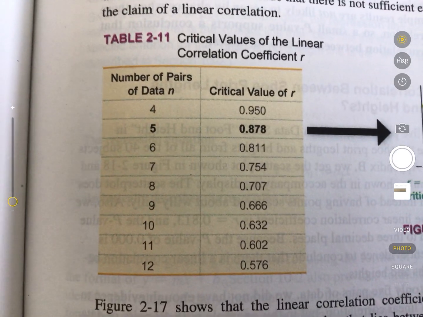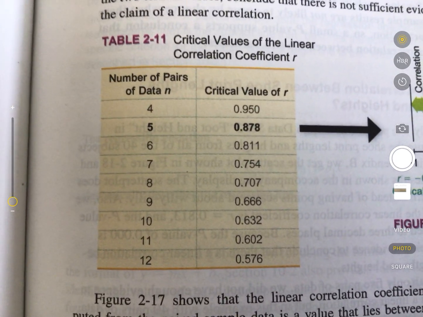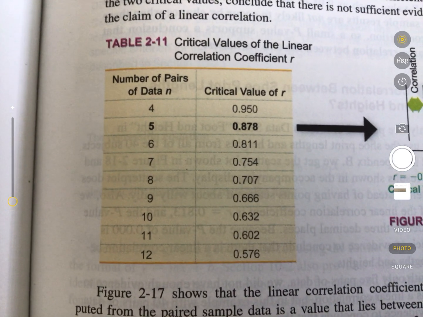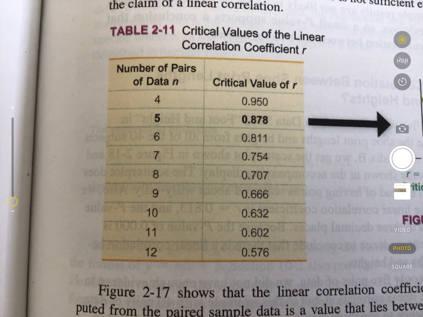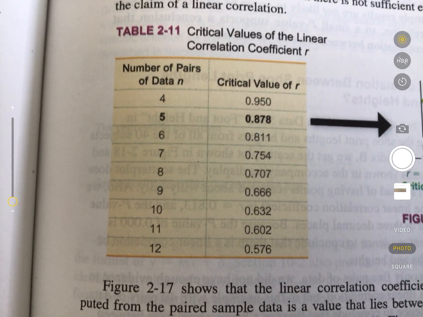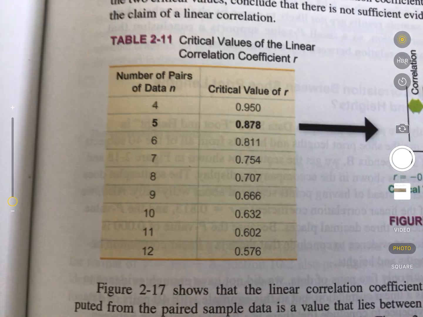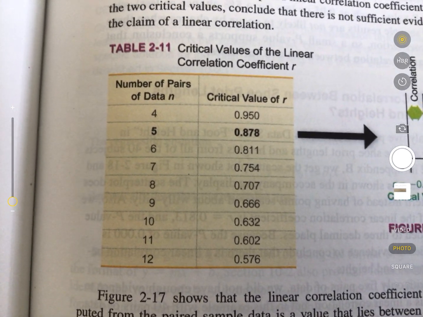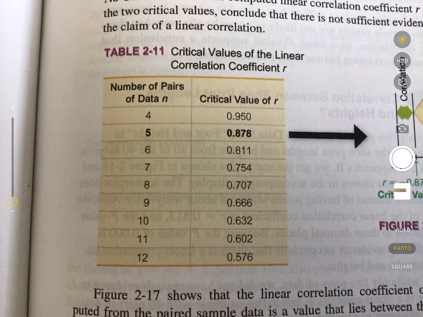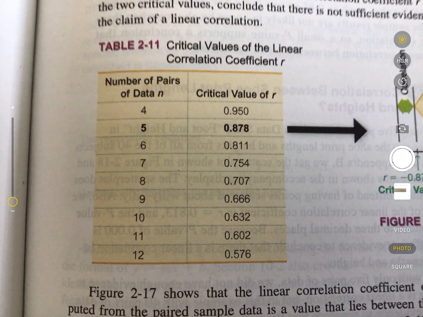Sorry. Now remember, we had 8 pairs of data. So the critical value for R is 0.707. So in a homework problem that I was working with somebody in 2.4, we had that critical value. So remember, if we're closer to 1 than 0.707, then we say that there is sufficient evidence for significant linear correlation. Well, we're at 0.933.